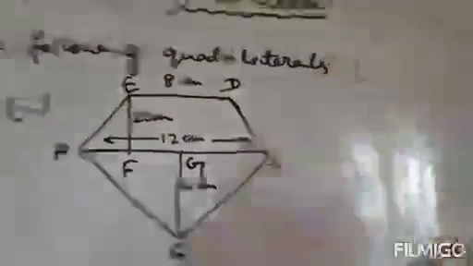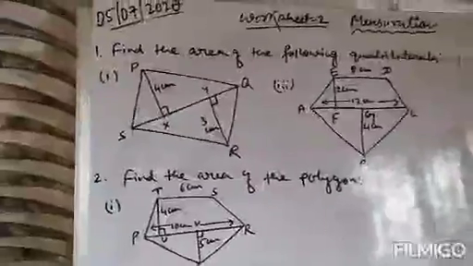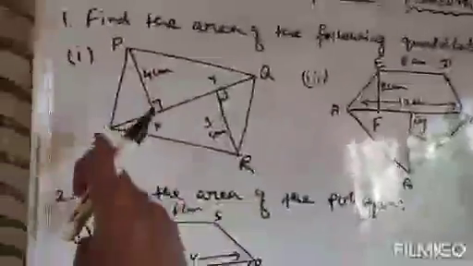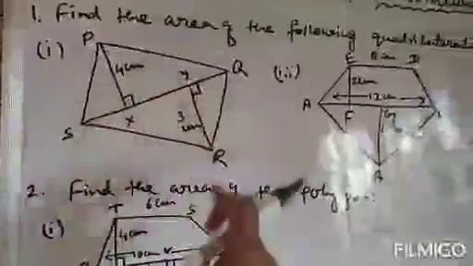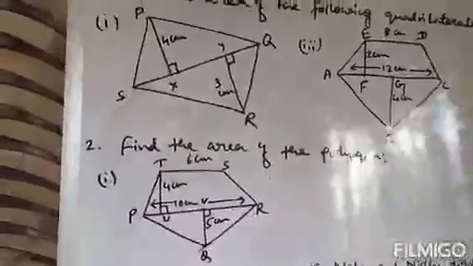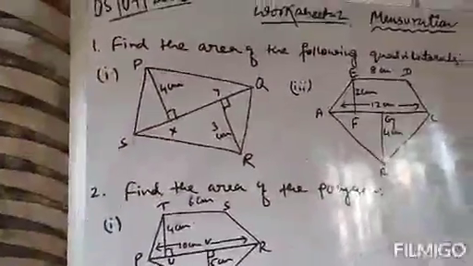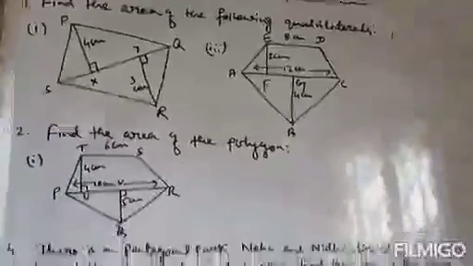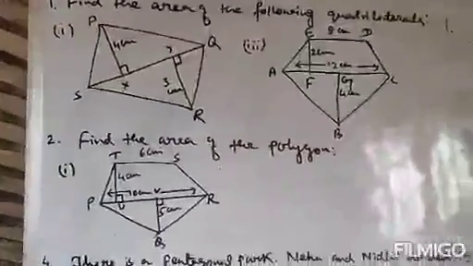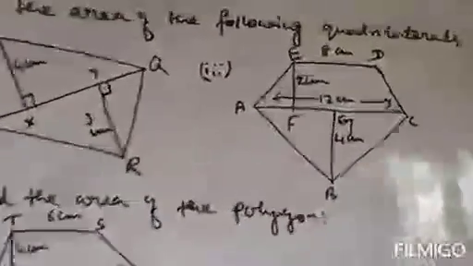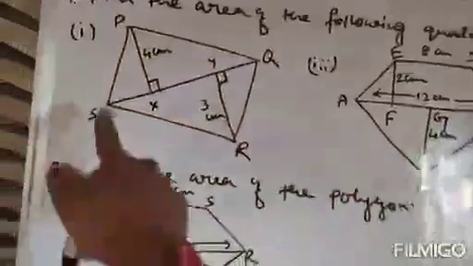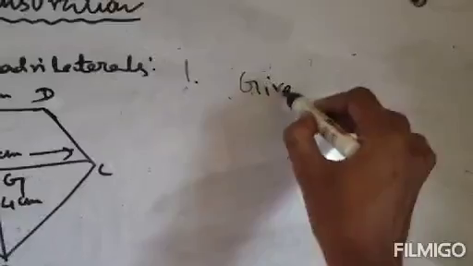So come to question number 1. Look at the diagram. This is a quadrilateral PQRS. This is the diagonal and this is the perpendicular drawn onto the diagonal, that is the height. So we will find the area of quadrilateral PQRS by putting in the formula.